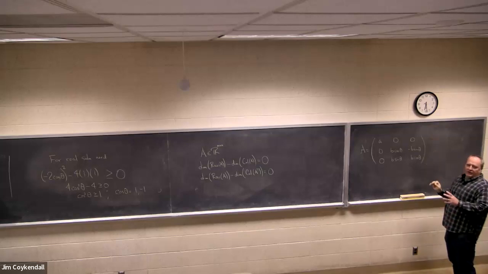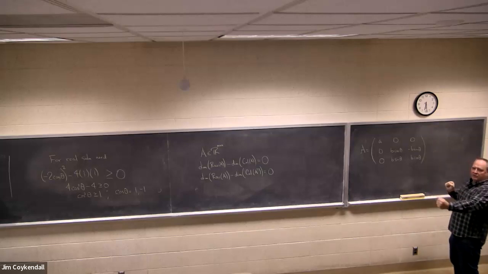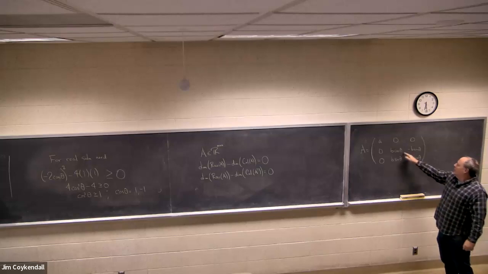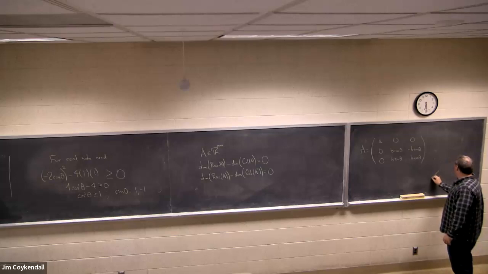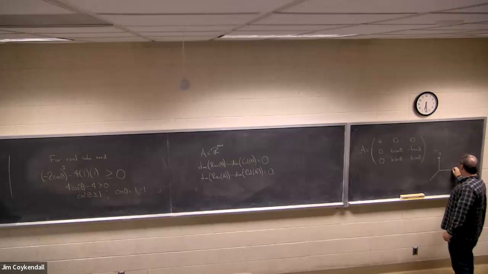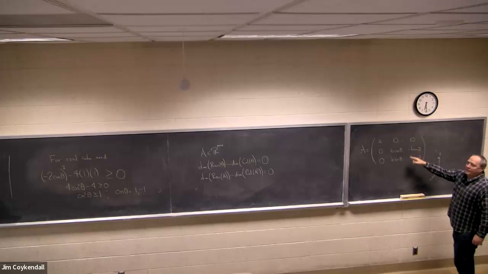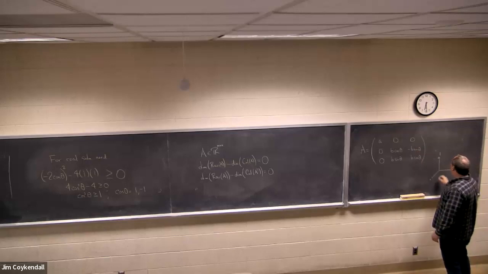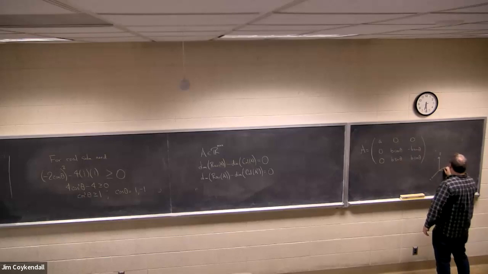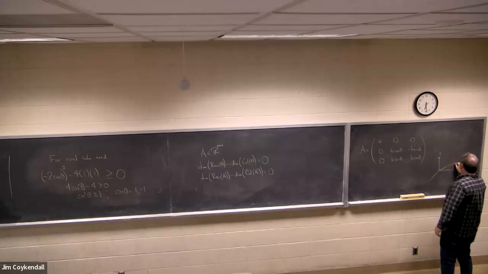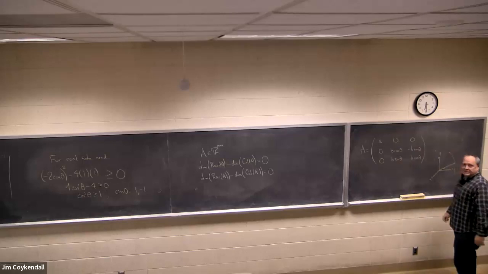It stretches the x-axis, right, so the x-axis goes out. In the YZ plane, so if x comes out of the board here, the YZ plane is the plane in the board. So what it does to the YZ plane is it takes a vector and stretches it by b, and then it rotates it by theta.